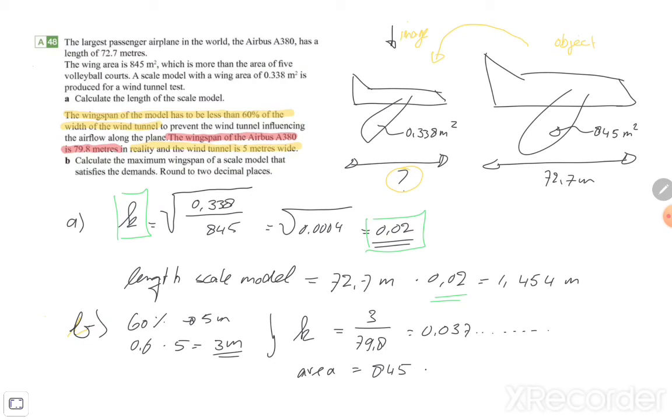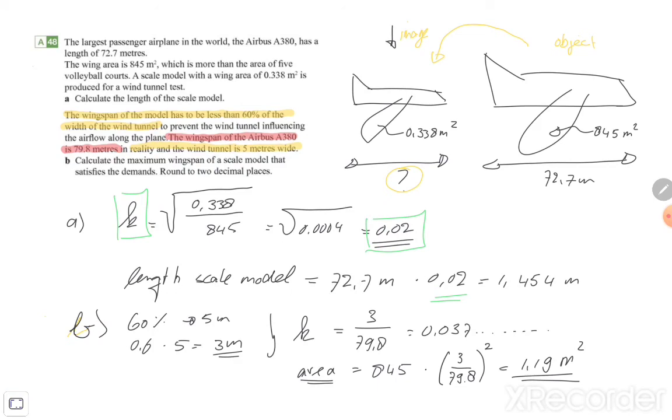If I multiply it by my scale factor, the 0.037, or the 3 divided by 79.8, and we talk about the area, so we need to do the second power, because you do it in the length as well as in the width, then you get the satisfied area of my scale model. If I just calculate that one, you get 1.90, because we need to round to 2 decimal places, square meters. And that's the maximum wingspan of the scale model.